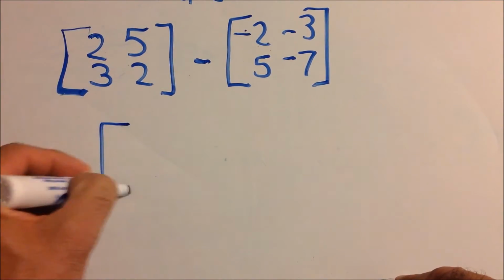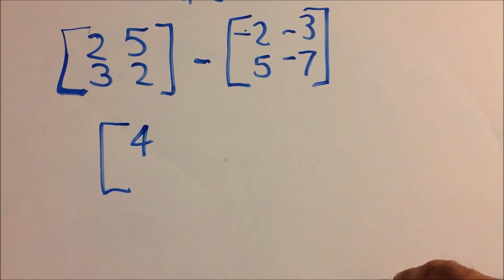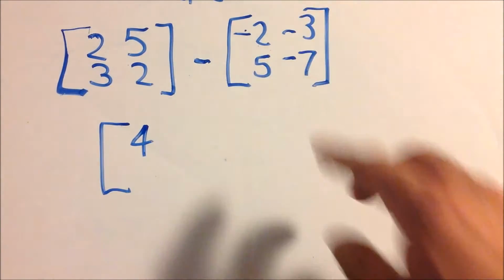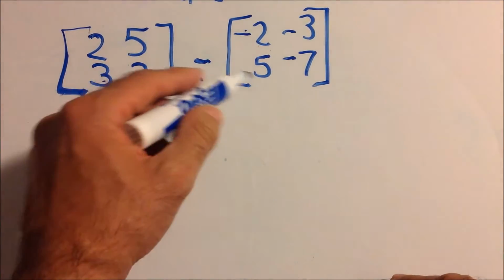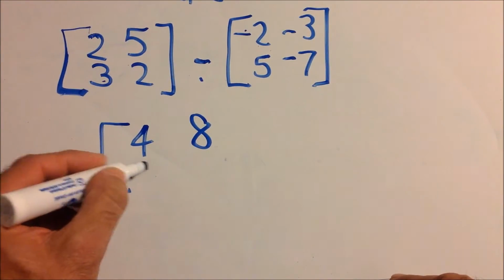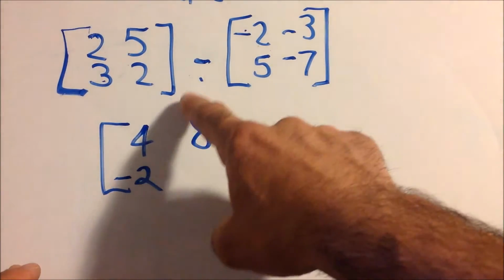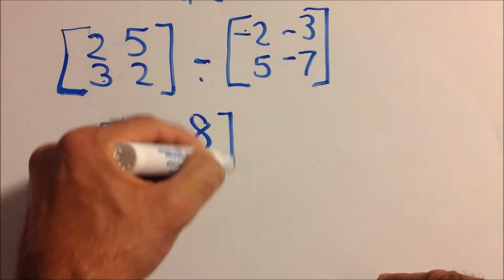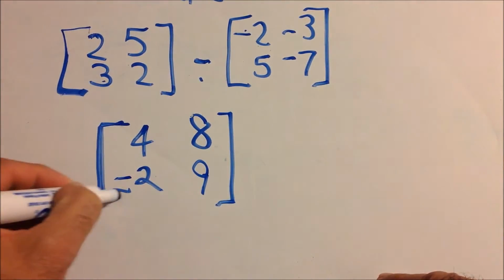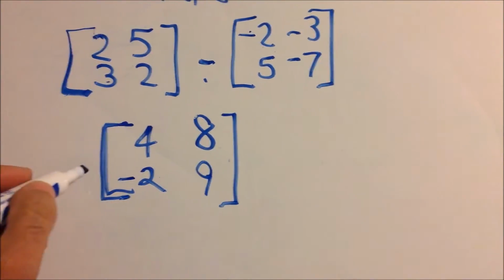So we would get a 4 here. 5 minus minus 3 will give us an 8. 3 minus 5 will give us a negative 2. And 2 minus minus 7 will give us a 9. So be careful with the subtraction. And that'll be our answer for that matrix.